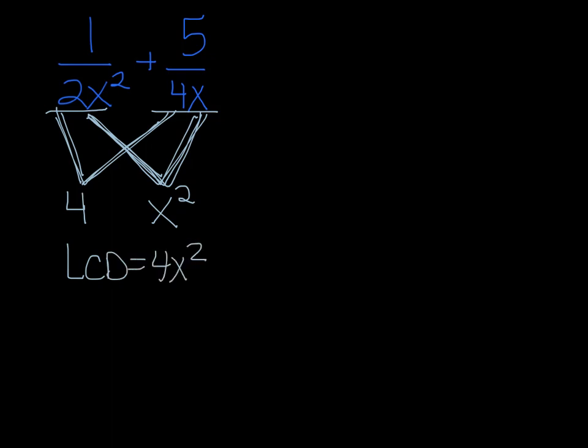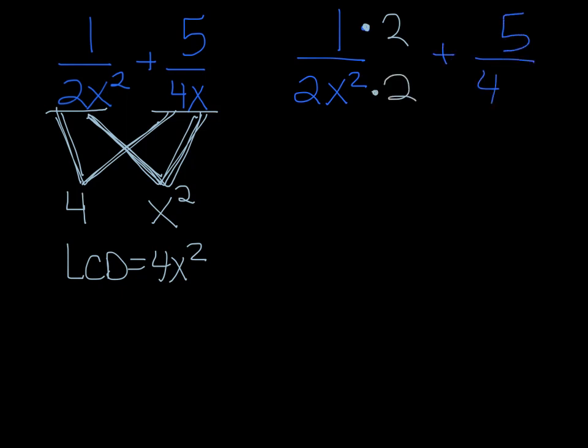In order to make 1 over 2x squared into something with 4x squared on the bottom, I'm going to have to multiply top and bottom by 2. And then I have this plus 5 over 4x, and I want to make that 4x squared, so I have to multiply it by another x.